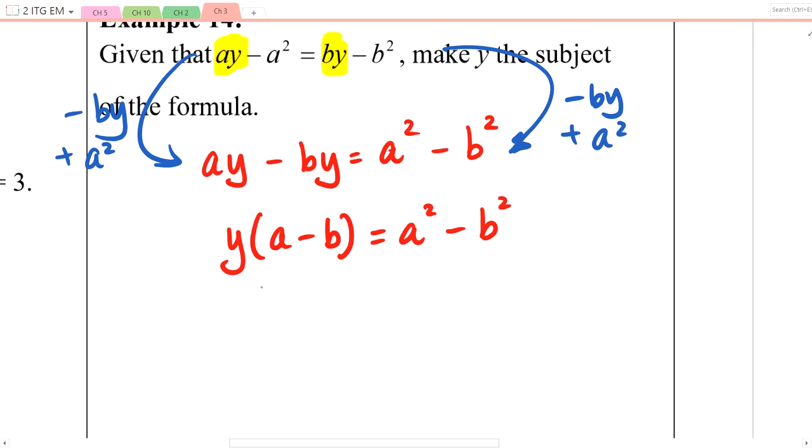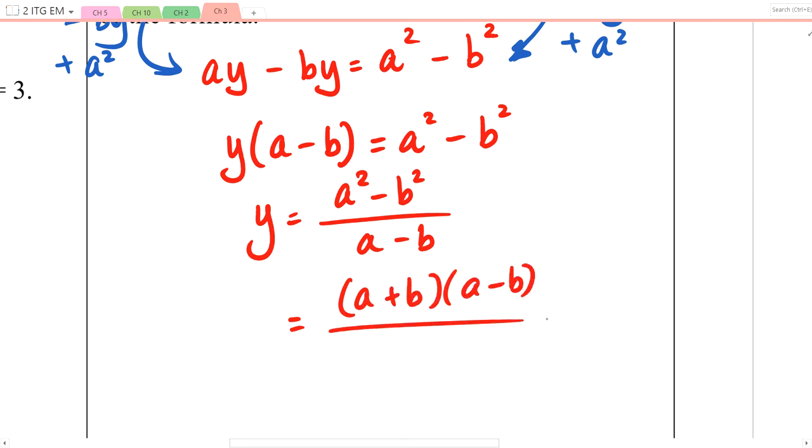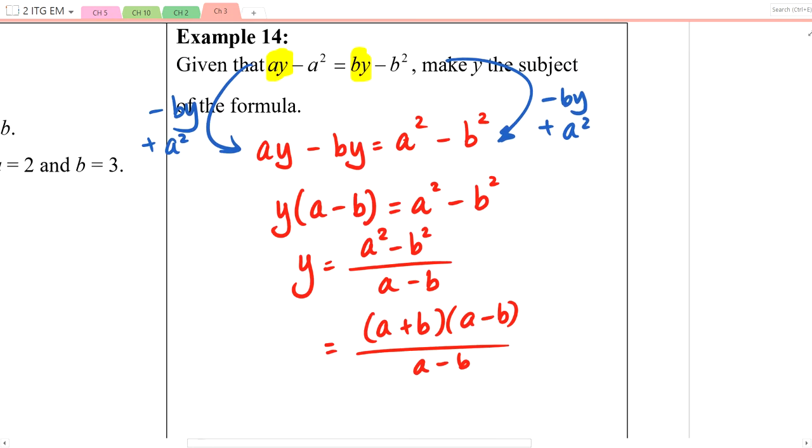Next, since I only want y, y will therefore be a square minus b square over a minus b. I hope you find this familiar, because the numerator can be expressed as a plus b, a minus b divided by a minus b. Okay, and what do we have to do after this?